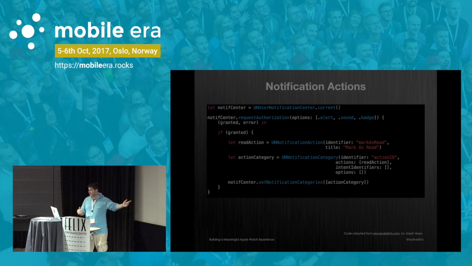In this case, I've said for this action category, the only thing that I want to show up is mark as red. But if I also wanted to put in delete or remind or anything like that, I can simply make more actions and drop them into the array when I create the UI notification category. And then I'm just setting notification categories on the notification center.